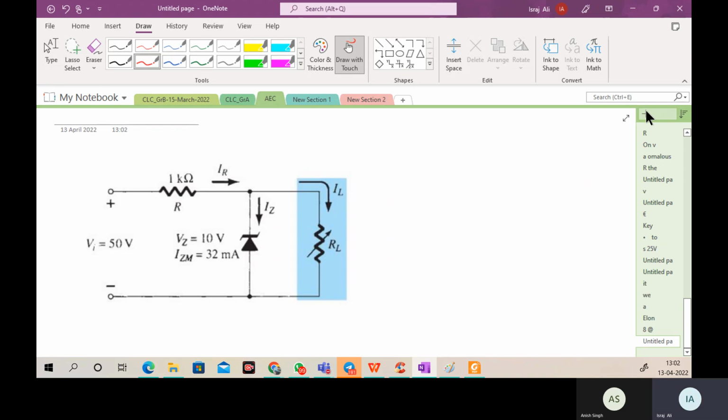Variable resistance. And what about the input voltage? Constant. So the situation is very simple. You need to find out the range of the voltage. So what are the designing equations for that?